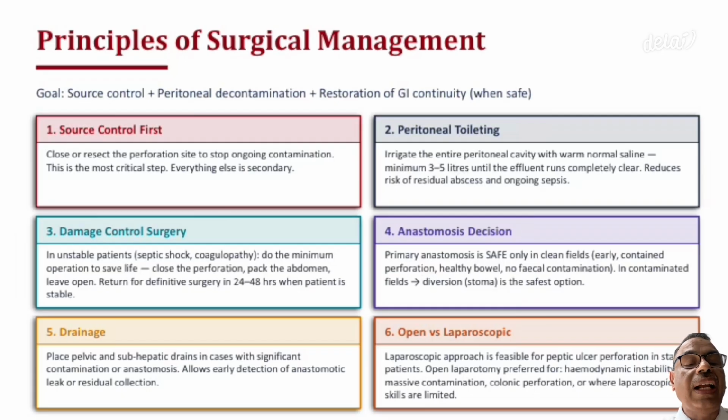However, laparoscopic approach is feasible for peptic ulcer perforation in stable patients. Open laparotomy would be preferred in hemodynamic instability, massive contamination, colonic perforation, or where the laparoscopic skills are slightly limited.